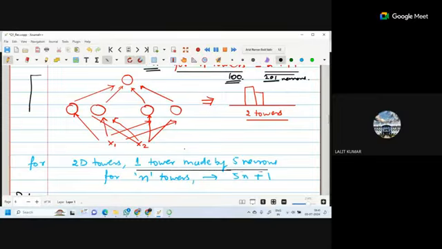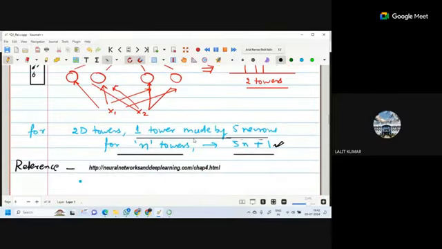There are 5 neurons like this, and there's an output neuron. And by this, we get one 2D tower. Now, to make n towers, we will need 5n plus 1.